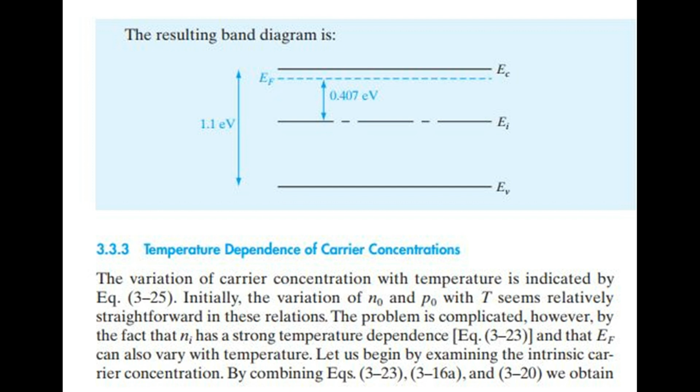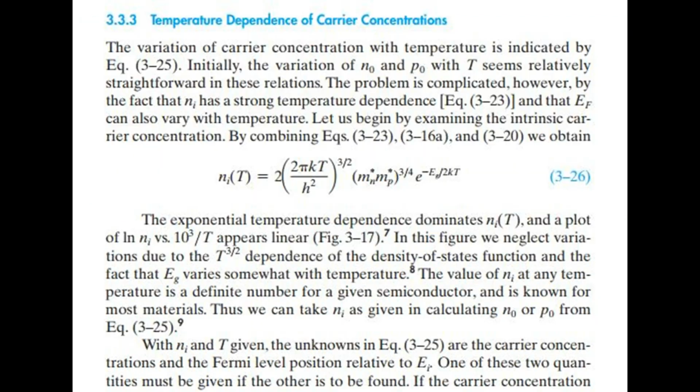By combining EQs 3-23, 3-16a, and 3-20, we obtain an expression in which the exponential temperature dependence dominates ni(T), and a plot of ln ni versus 10^3/T appears linear, Fig 3-17. In this figure we neglect variations due to the T^(3/2) dependence of the density of states function and the fact that Eg varies somewhat with temperature.